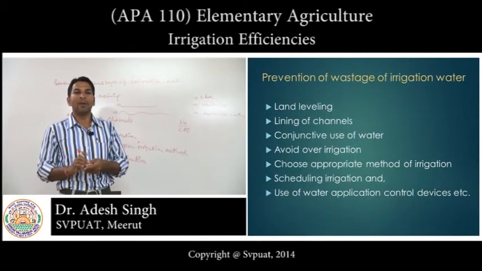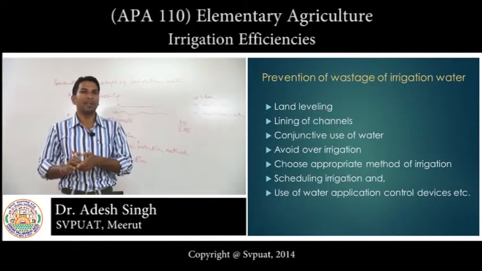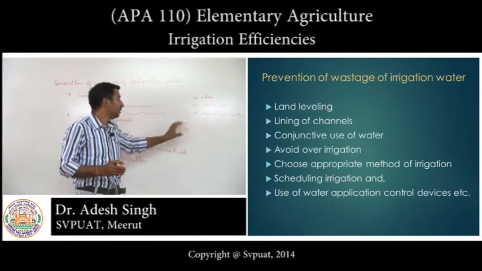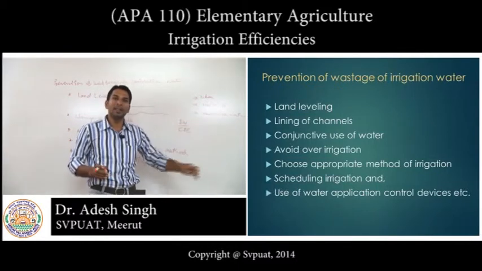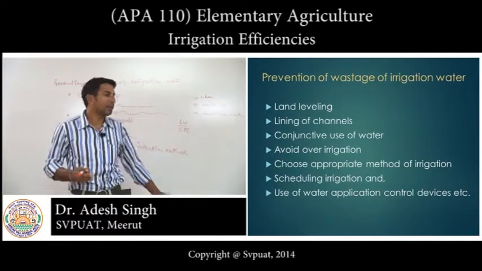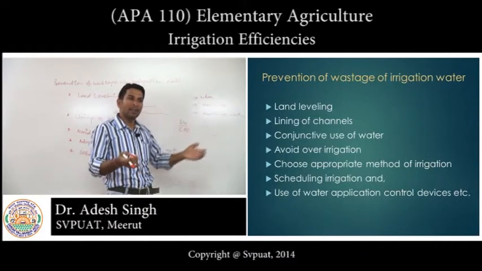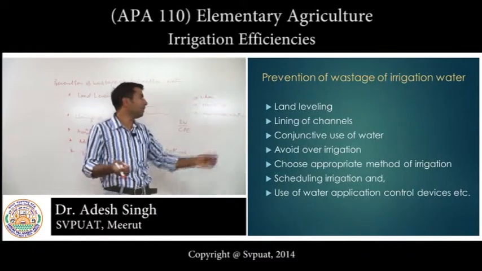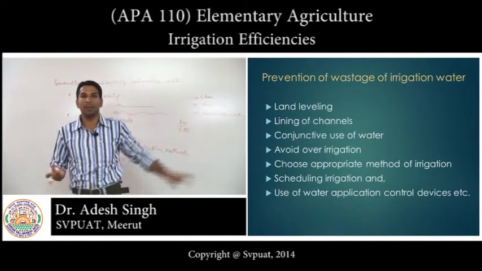Net, you all know, is the difference between field capacity and permanent wilting point, and gross means this net plus the losses in the field. So how much means quantification, that is what is the total irrigation requirement, the method of irrigation, and the time of application.